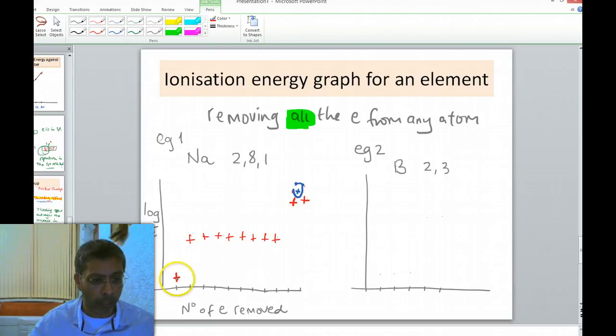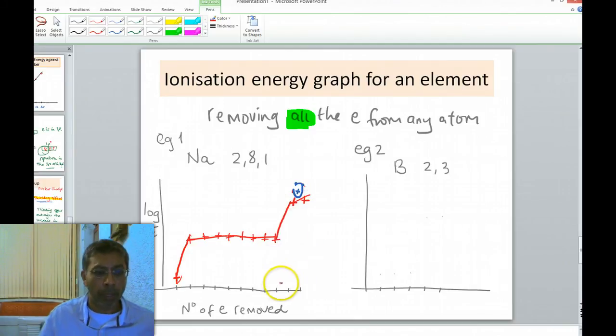So there's one jump there, then fairly constant. I'm ignoring s and p orbitals. We could just look at the main shells, main energy levels, and there'll be a massive jump there.